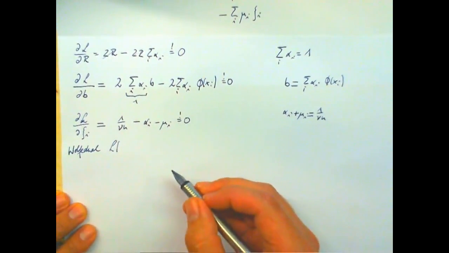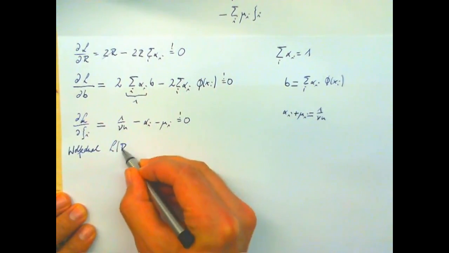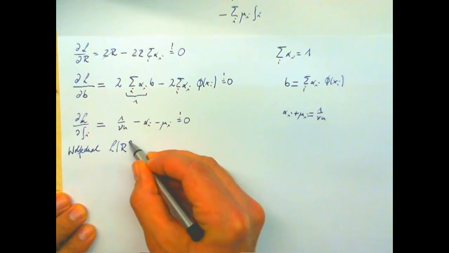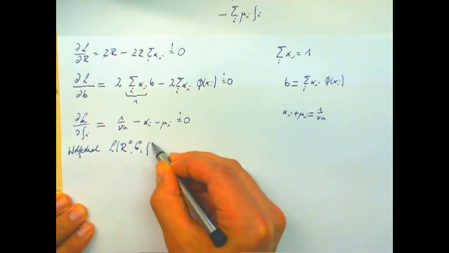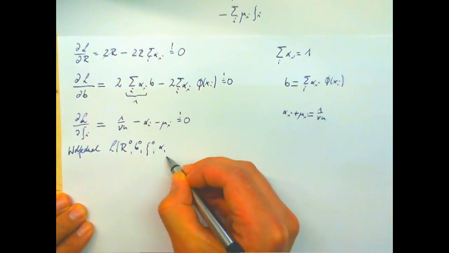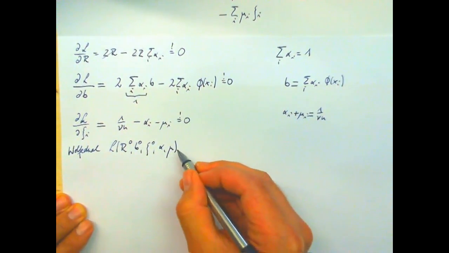So I insert the optimum values for the primal variables, and will then optimize with respect to the dual ones.